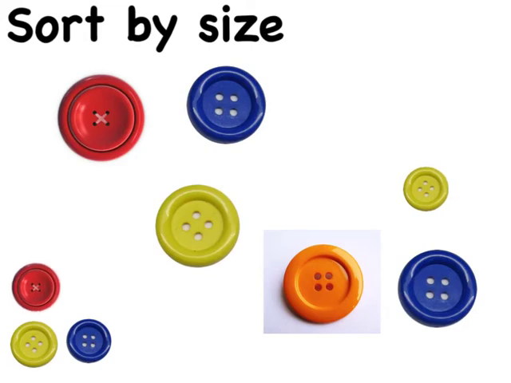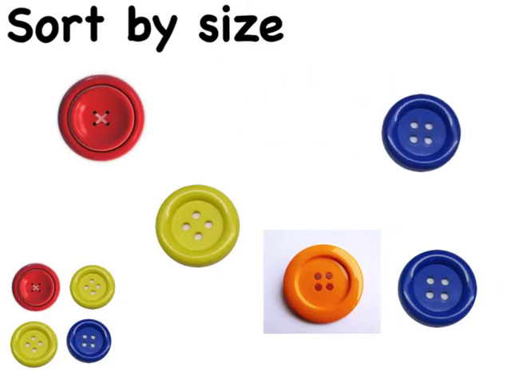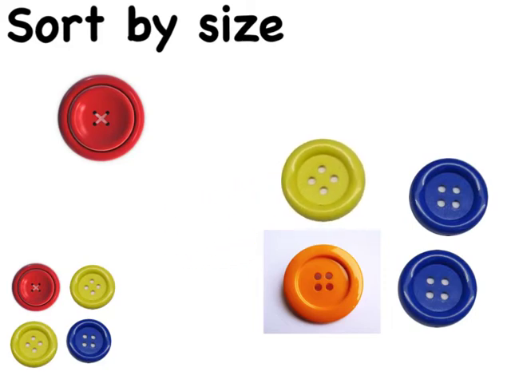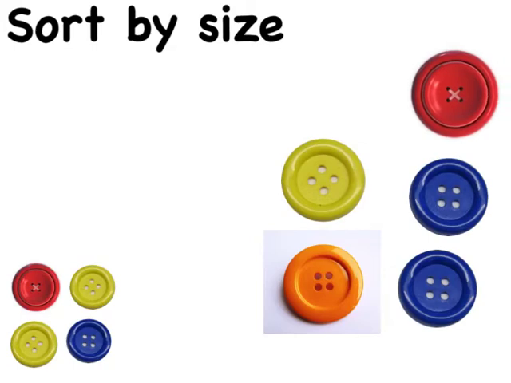I'm going to group or sort all of the small buttons, as you see there, and then I'm going to group or sort the larger buttons in a group. So now I only have 2 groups, and they are sorted again, but this time they are sorted by size.